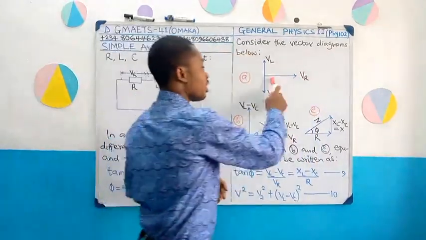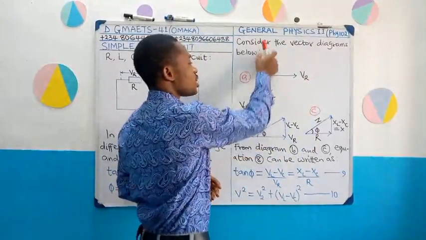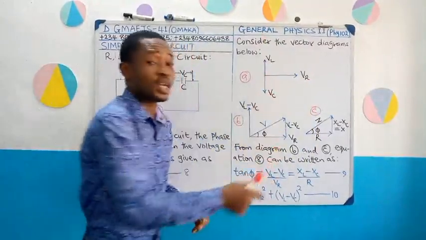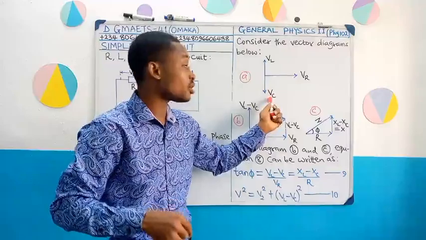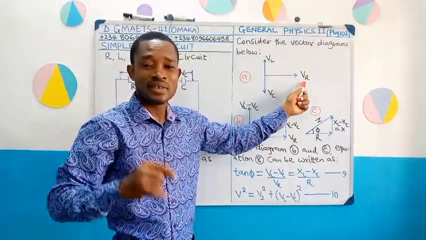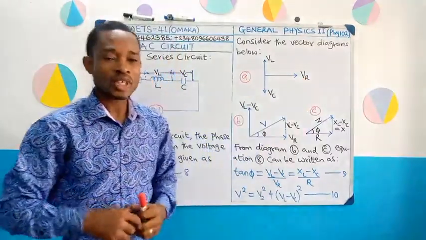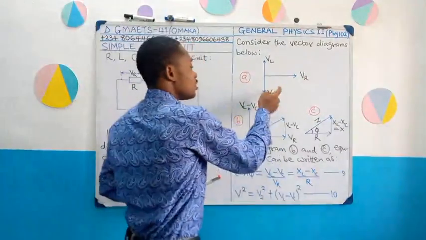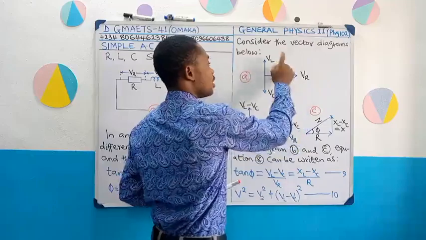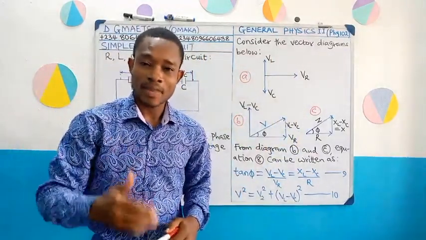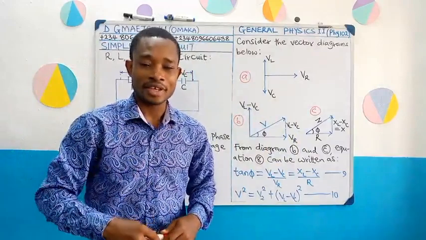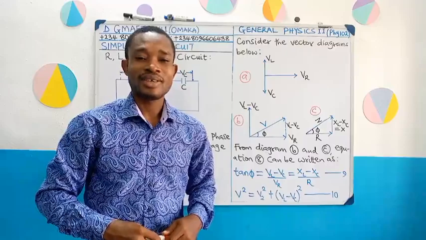Now, if this is VR, we have VL facing up and then VC facing down. That is voltage across the inductor, voltage across the capacitor, voltage across the resistor. Now, if we transfer this VC up, it's going to become minus. So we have VL minus VC.